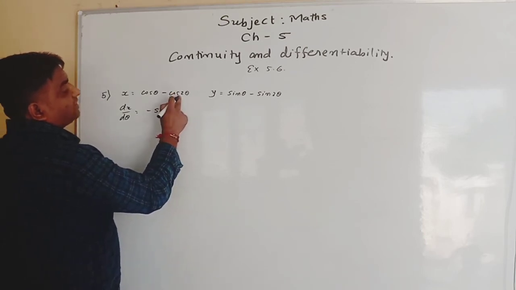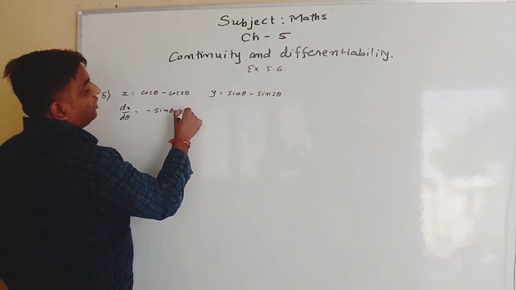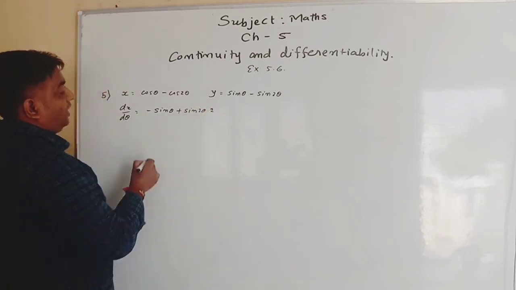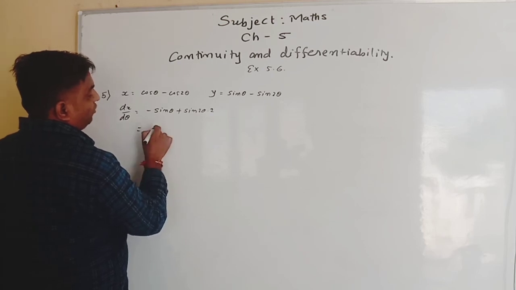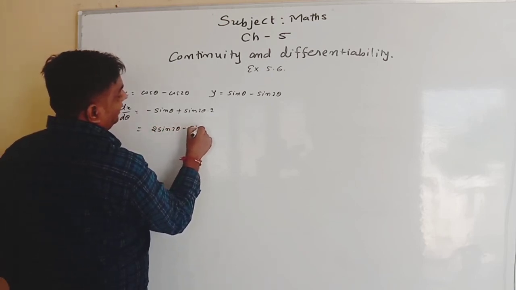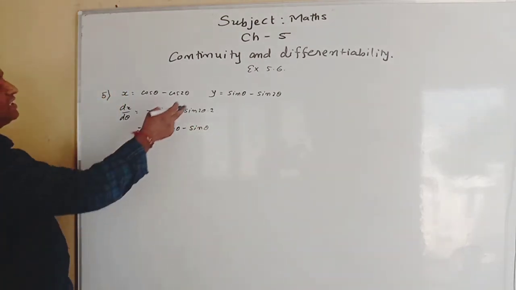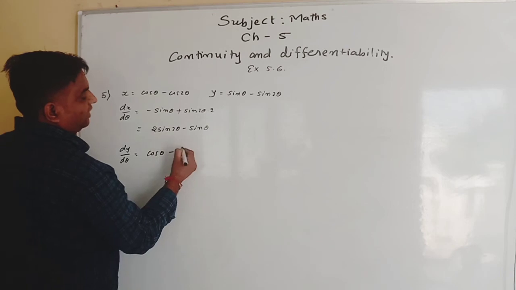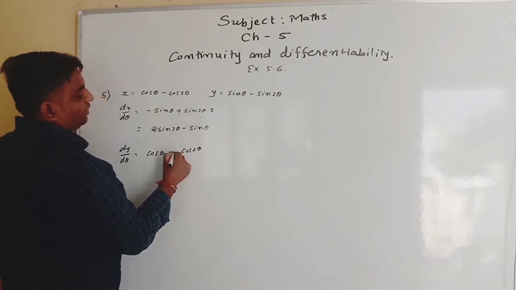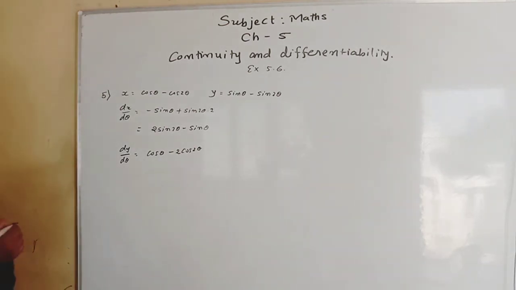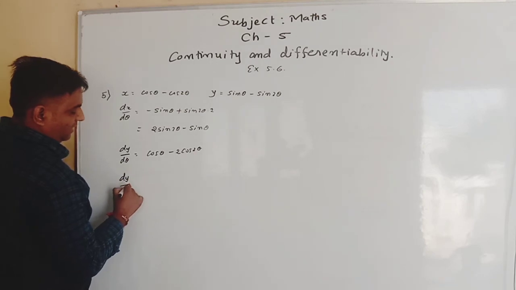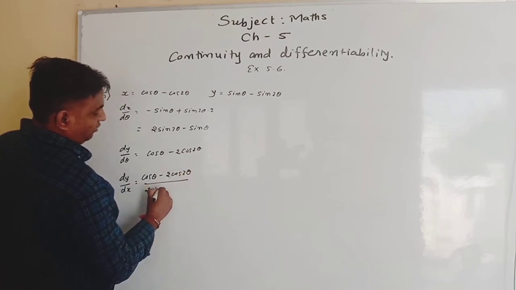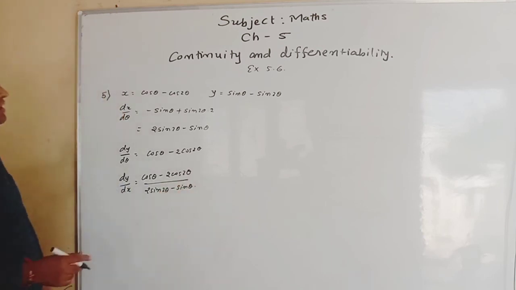Cos 2 theta differentiation is minus sin 2 theta, and so minus and minus, so plus sin 2 theta, and 2 theta differentiation will be 2, and so it will be 2 sin 2 theta minus sin theta, and the y differentiation with respect to theta we take, then dy by d theta equals to sin theta differentiation cos theta and sin 2 theta differentiation cos 2 theta, and 2 theta differentiation is 2, and so cos theta minus 2 cos 2 theta, and so dy by dx equals to cos theta minus 2 cos 2 theta upon 2 sin 2 theta minus sin theta.